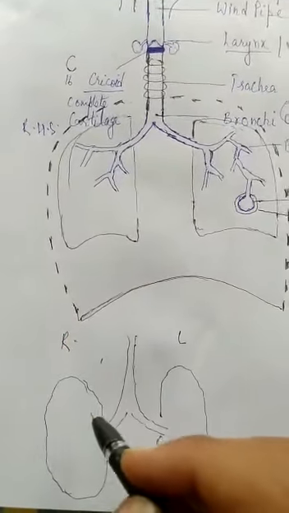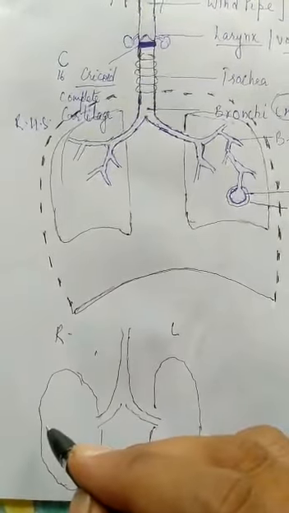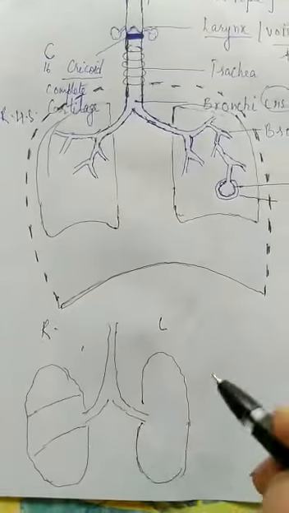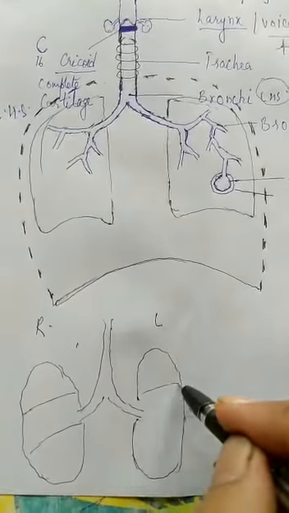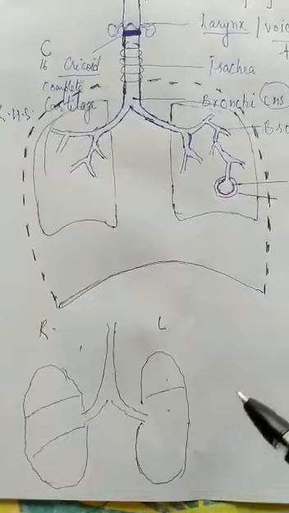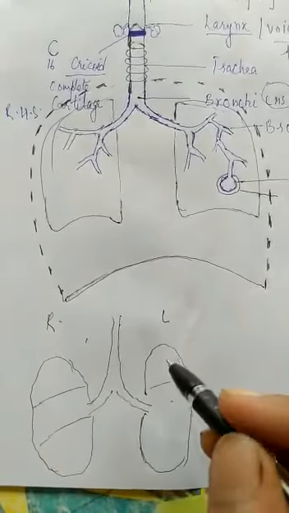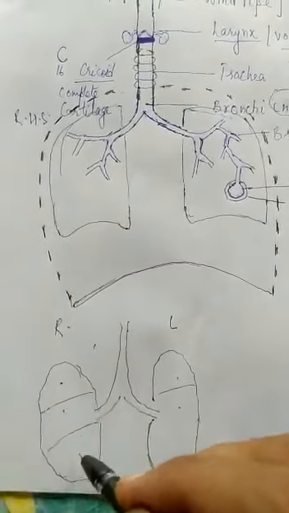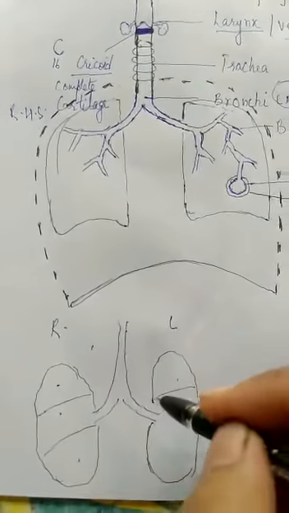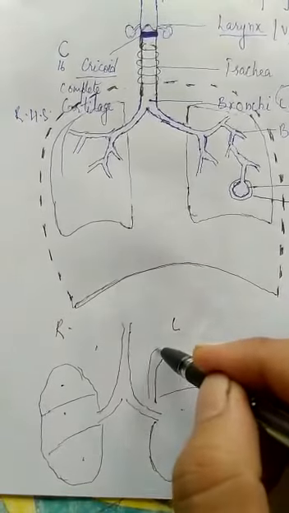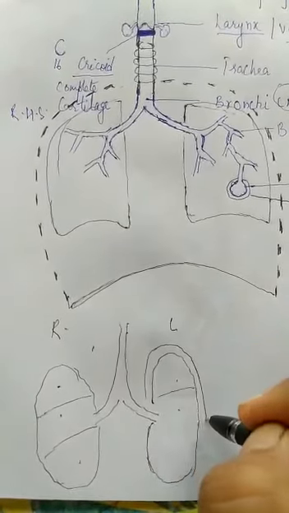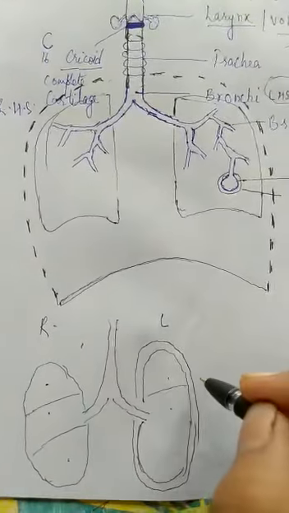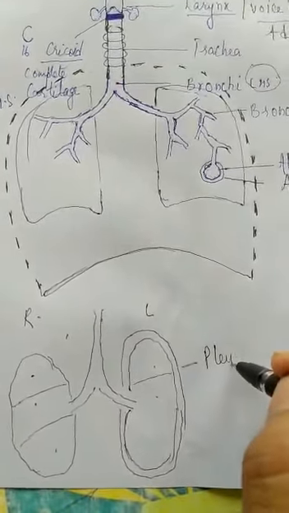Anyways, this is your right lung. The right lung is divided into three lobes, and the left lung is divided into two lobes, right? So two lobes are present in the left lung, while three lobes are present in the right lung. Both lungs are well protected by a membrane, and we call it the pleural membrane.